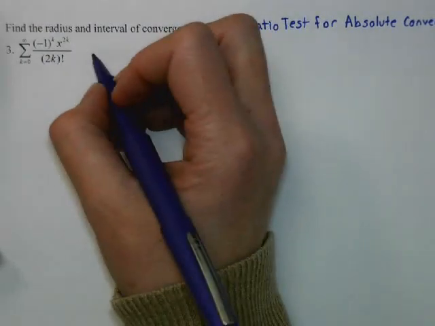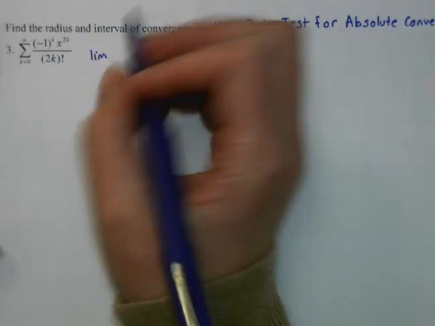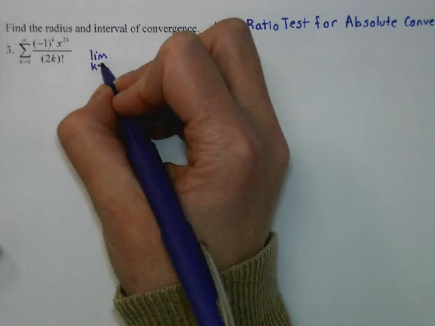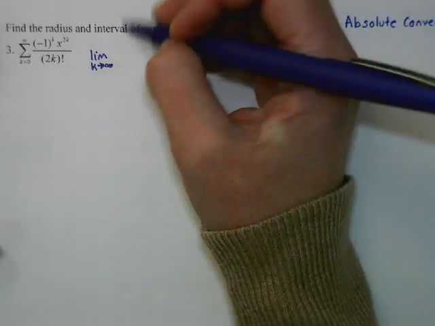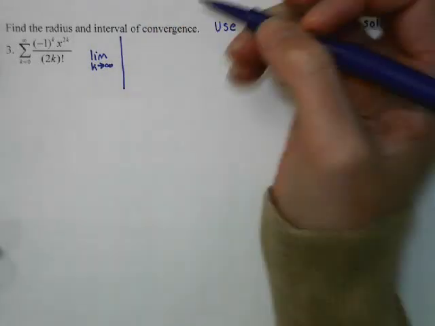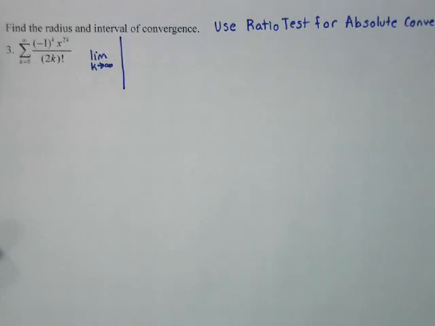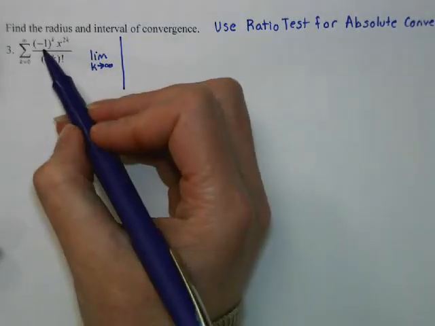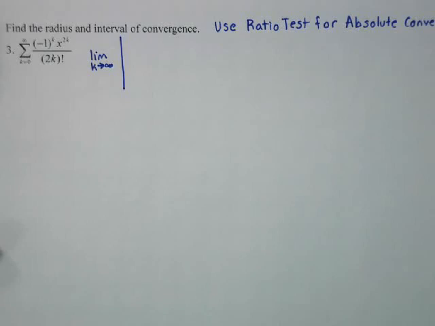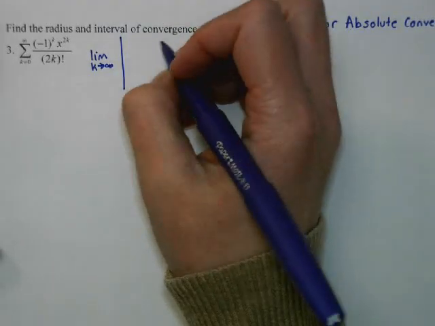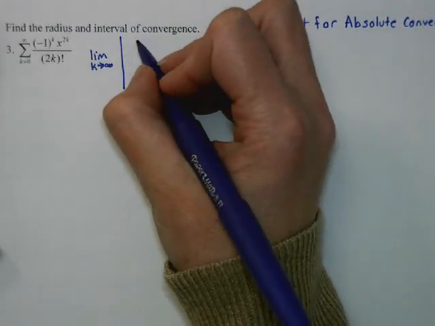In the ratio test, for absolute convergence, we're looking at the limit as k goes to infinity of the absolute value of the k plus 1 term over the kth term. Because it's the absolute value, this negative 1 to the k is just going to go away, so I'm not going to worry about that.